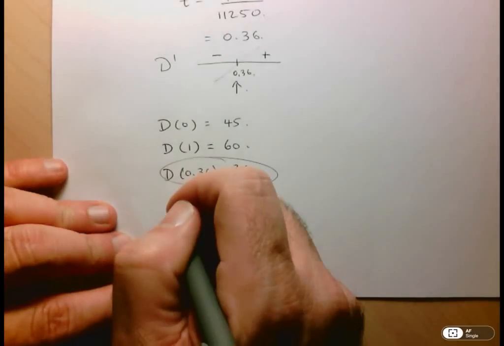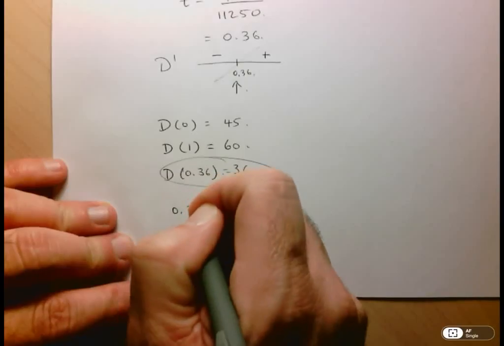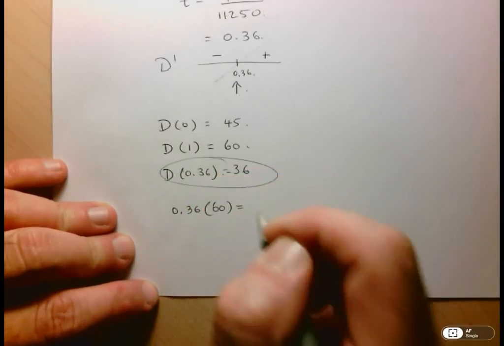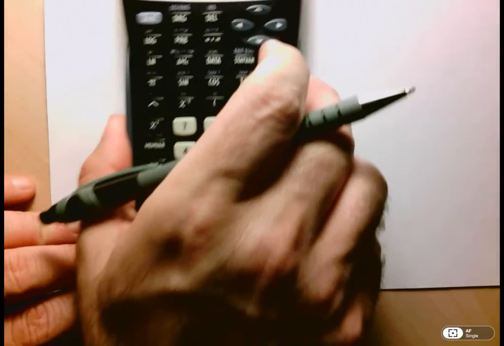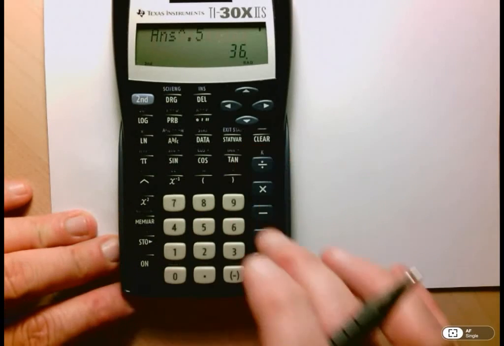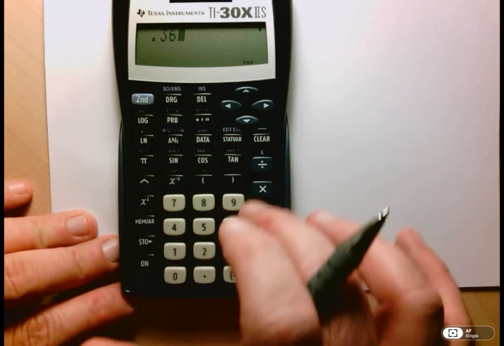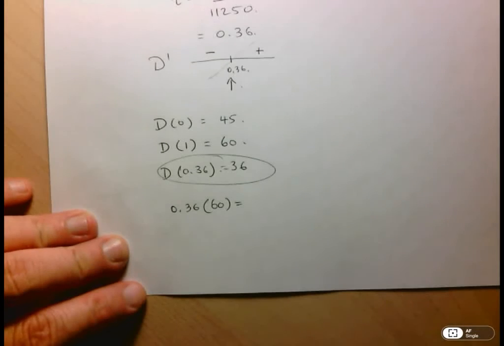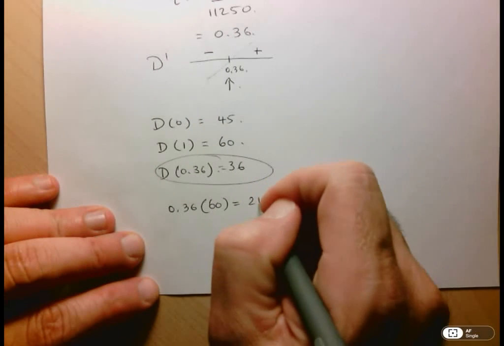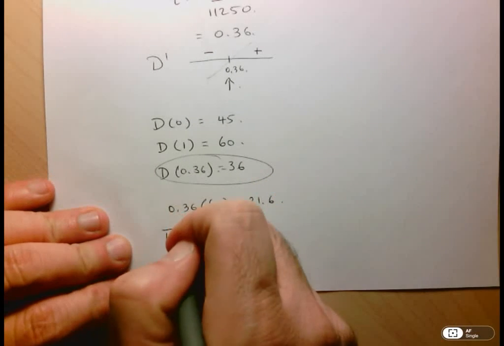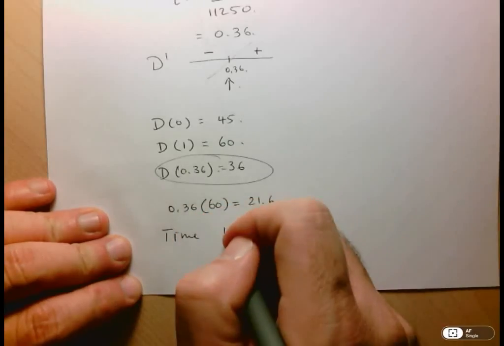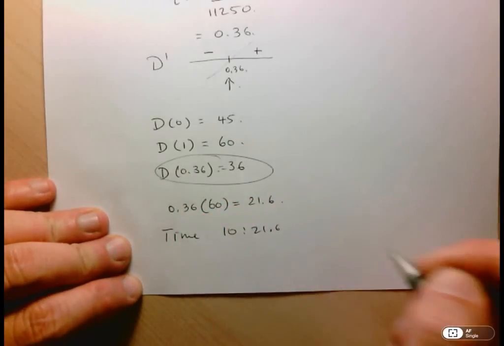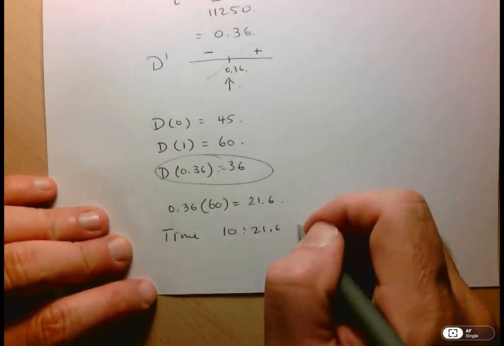Let's figure out what 0.36 hours is. 0.36 times 60 minutes in an hour, so 21.6. That means that the time this occurs is at 10:21.6 a.m.